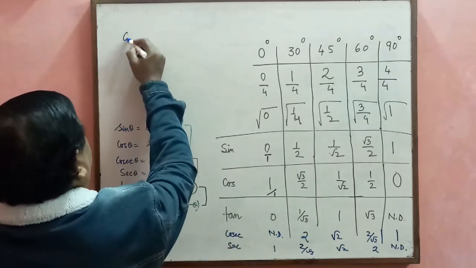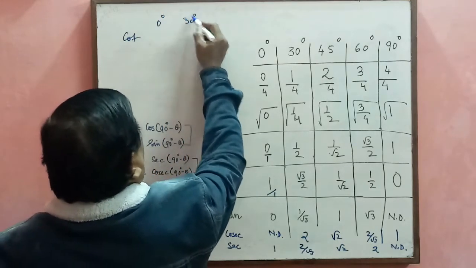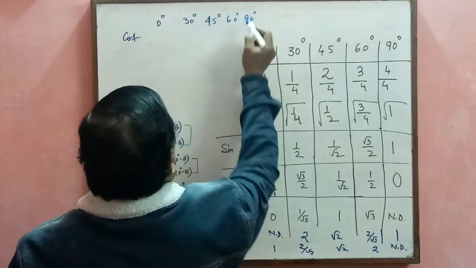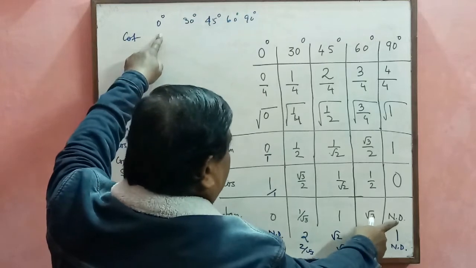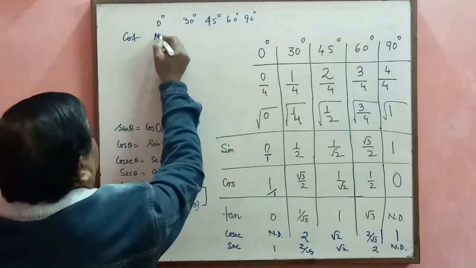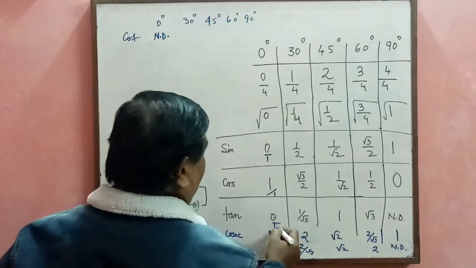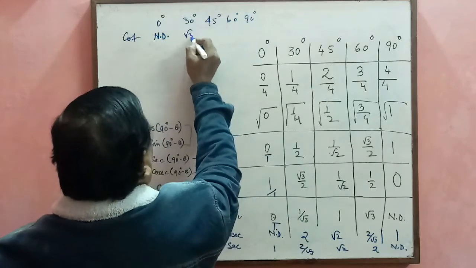Cot 0 degree, 30 degree, 45 degree, 60 degree, and 90 degree. Cot 0 degree is your tan 90 degree. This is not defined. Or I can take the inverse of this one: 0 upon 1, 1 upon 0 not defined. This is root 3 upon 1, this is root 3.